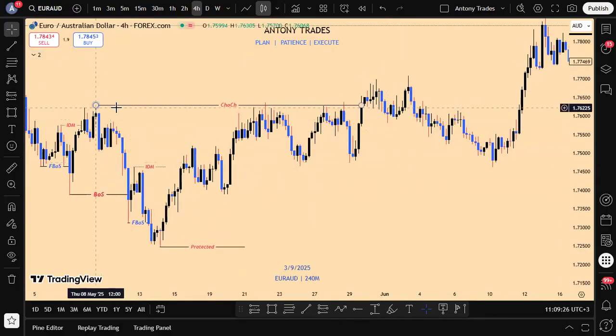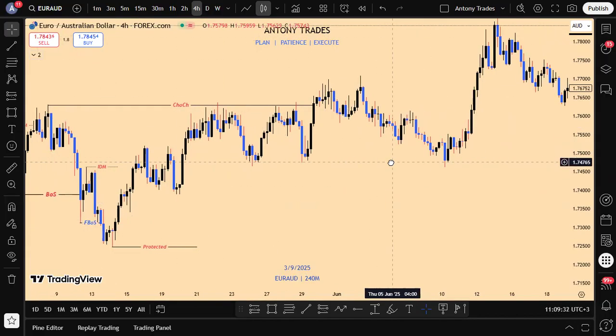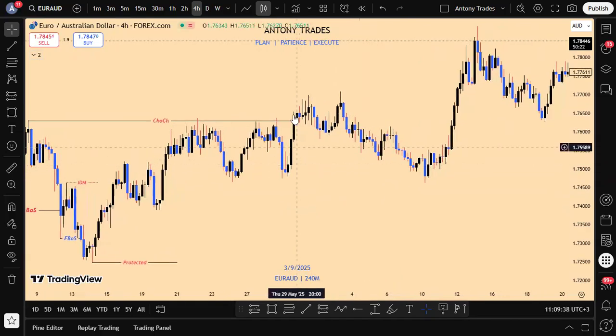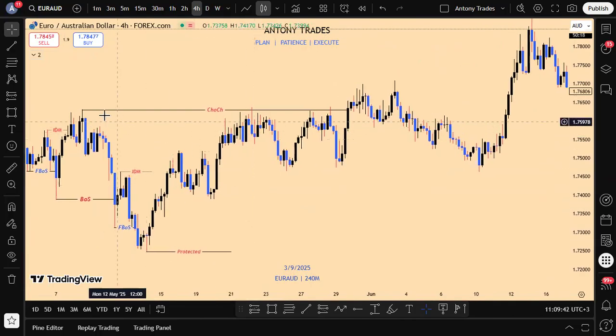Now, after this change of character, remember the trend has shifted from bearish to bullish. Now, where are our inducements? Where is the liquidity now? Another point to put across here: whenever the market takes out an external structure or external liquidity, whatever was inside here becomes liquidity.